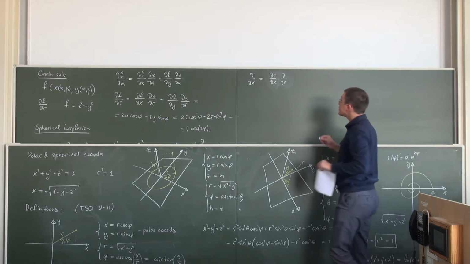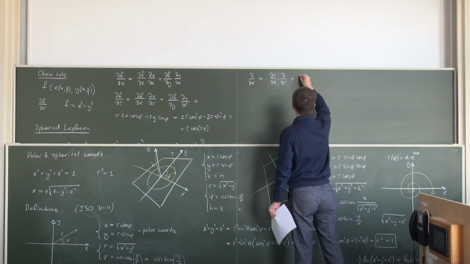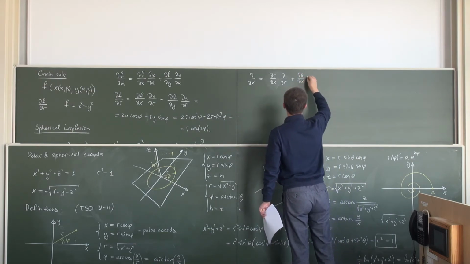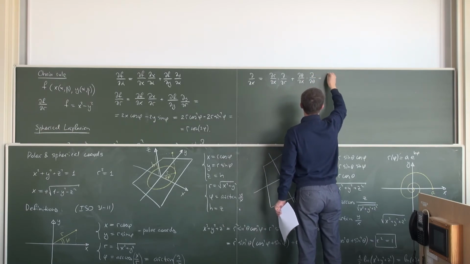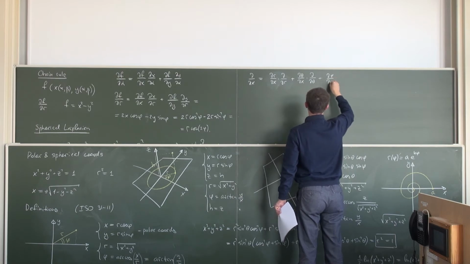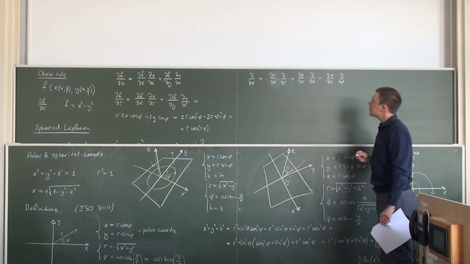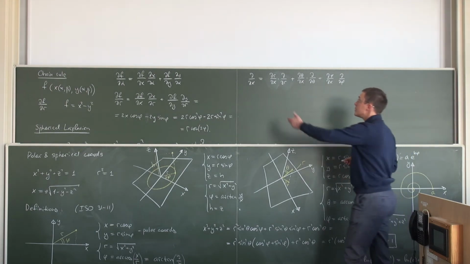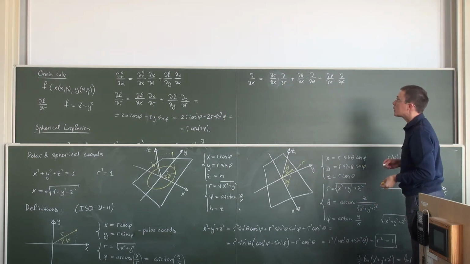And likewise, we do that for theta and phi: d theta by dx times d by d theta plus d phi by dx times d by d phi. Okay, so this is the expression for this derivative, but now in spherical coordinates.